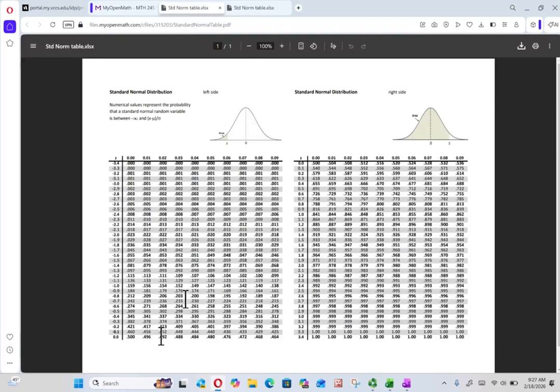This is a standard normal distribution table, and this is the way it had to be done before. I didn't have a table for every possible mean and standard deviation. So I've got one that has a mean of 0 and a standard deviation of 1.